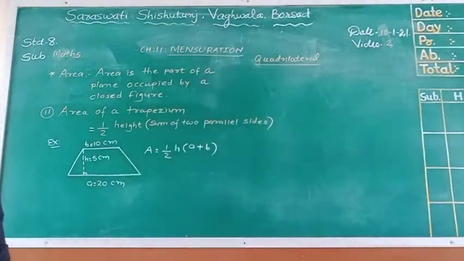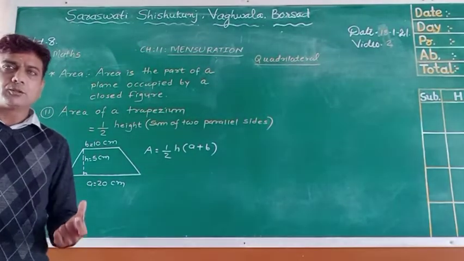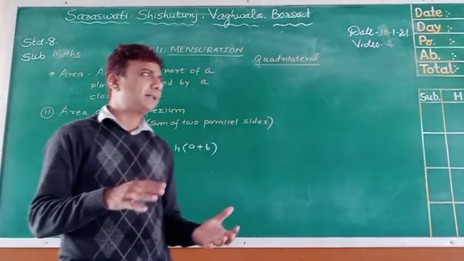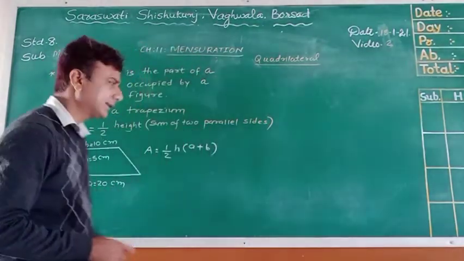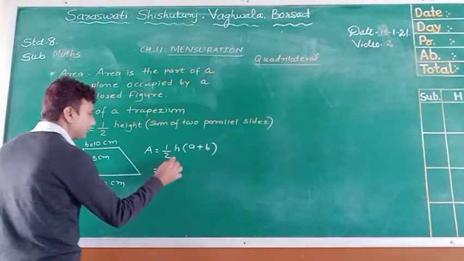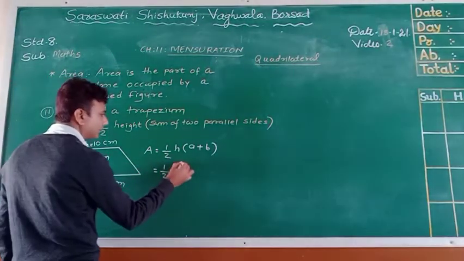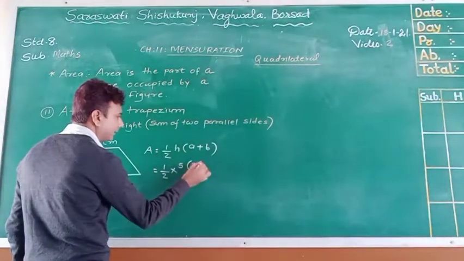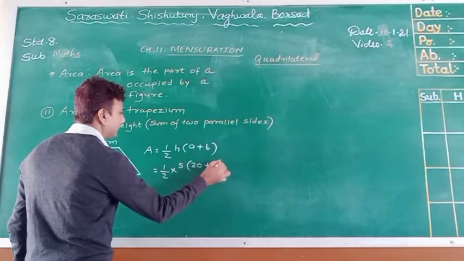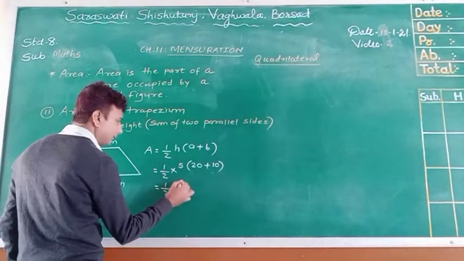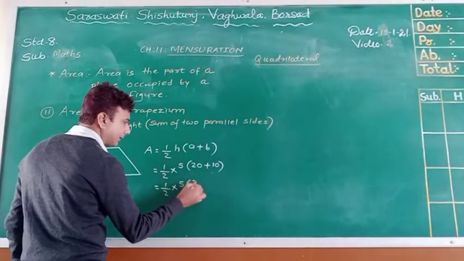Is it clear, beta? Understood this? So area of trapezium equal to 1/2 height in bracket sum of two parallel sides. See, this is 1/2, height given 5, and A means this 20 and B means 10. 1/2 multiply 5 and 20 plus 10 is 30.